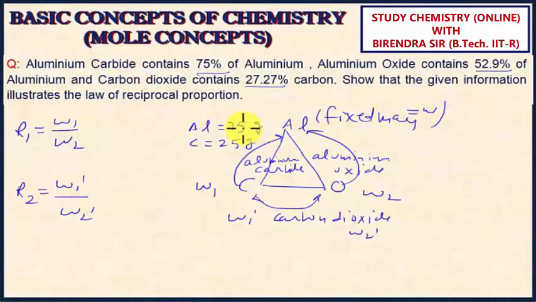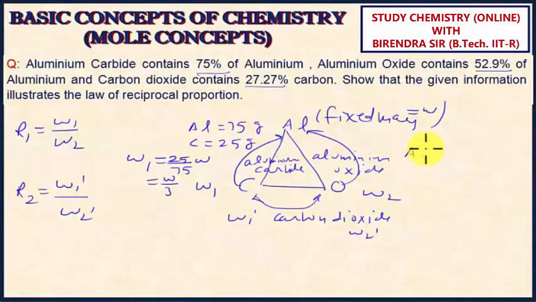Unitary method can be used. 75 gram is there with 25 gram of carbon. So W will be there with 25 upon 75 into W, and this way we get the mass of carbon that reacts with W gram of aluminium to form aluminium carbide. Now W2, weight of oxygen, for that data is given is what?